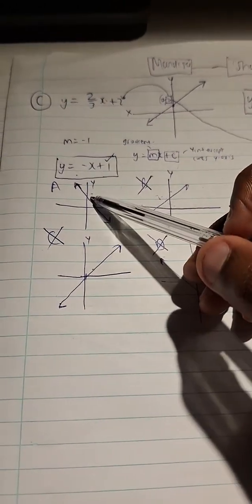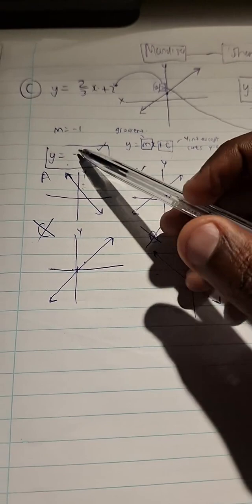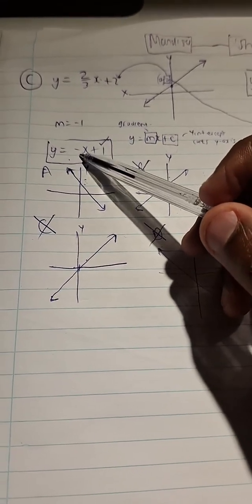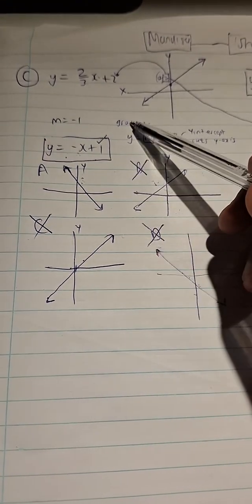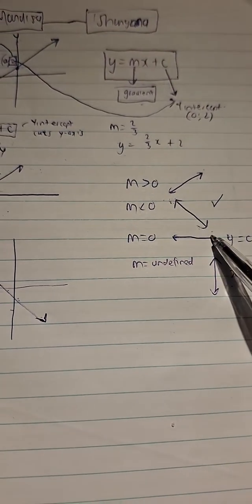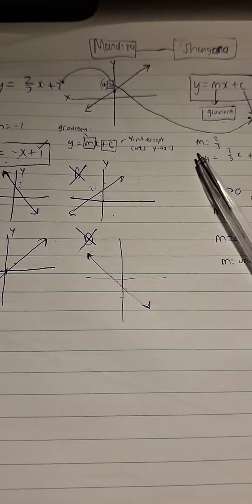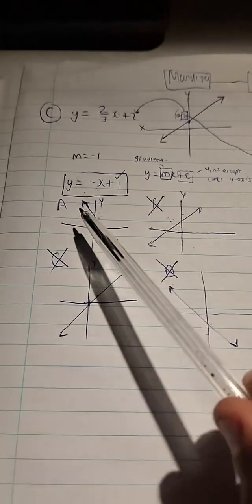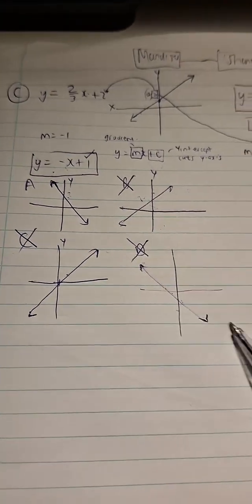So the only freestanding option that I have then for y is equal to negative x, remember that stands for gradient. My gradient is negative. I'm expecting a decreasing line like this. So that makes a bit more sense, that this is the line. Or it could be this one.